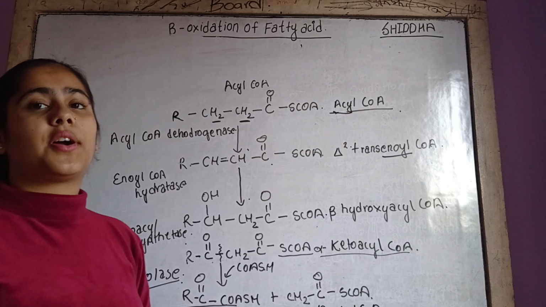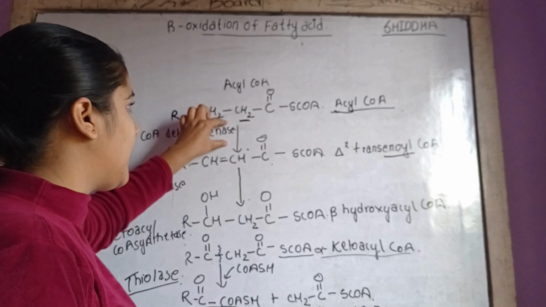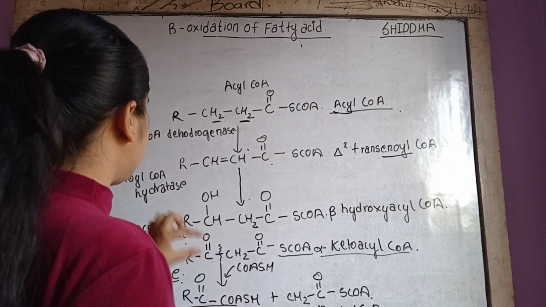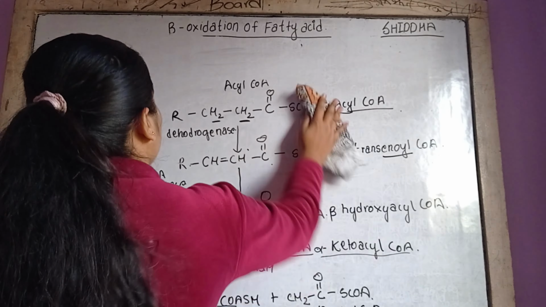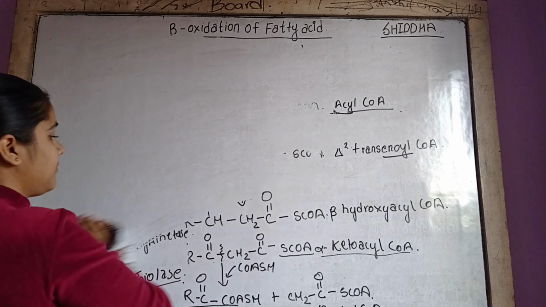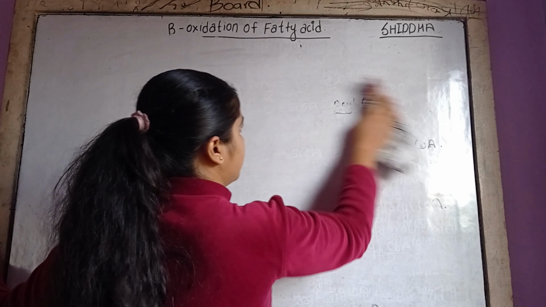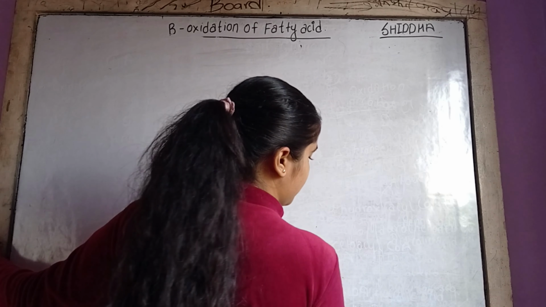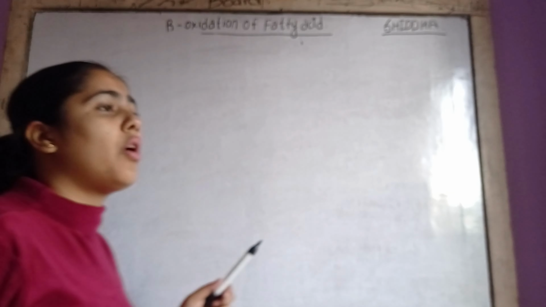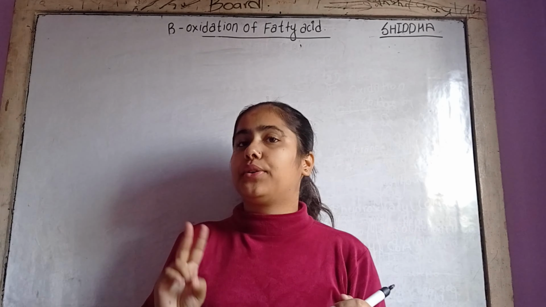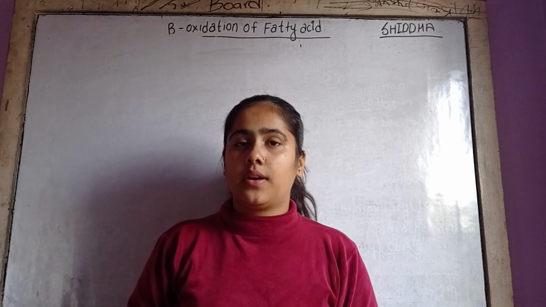Let us now study its energetics. This is an NADPH dependent reaction, and this is also an NADPH dependent reaction. So we have two oxidation reactions during the beta oxidation proper.